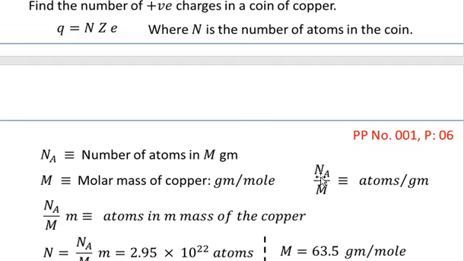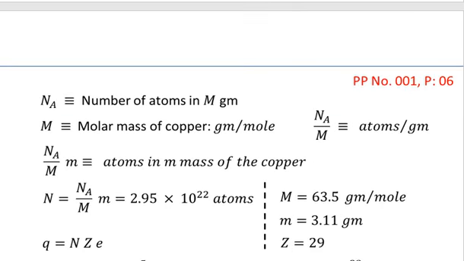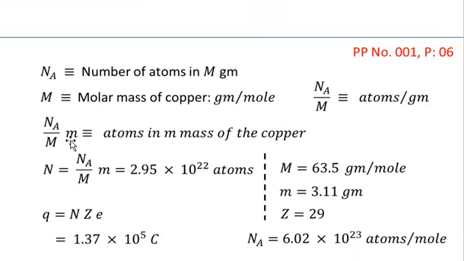And I have a quantity which is Na over capital M. This will give you the number of atoms per gram. Now multiplying with small m, which is the mass of the coin, Na over capital M multiplied by m will give the number of atoms in m mass of the copper.